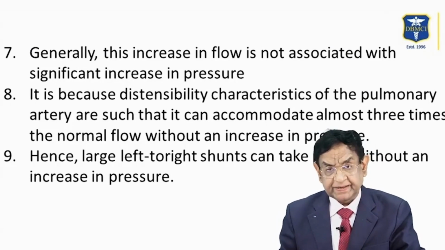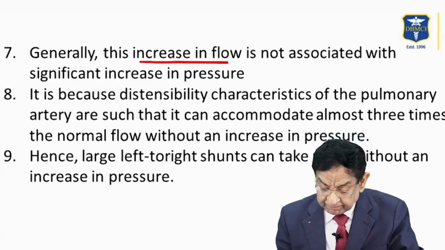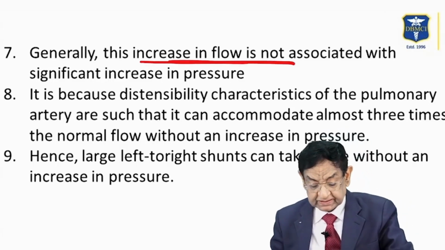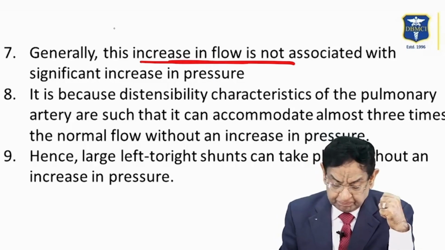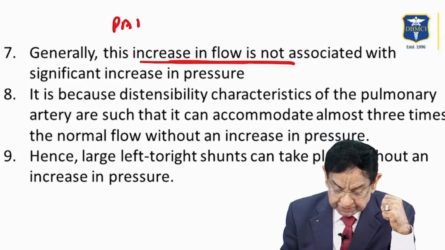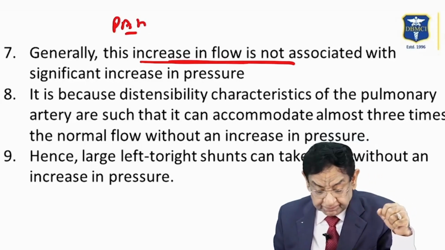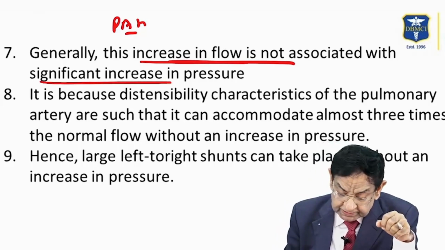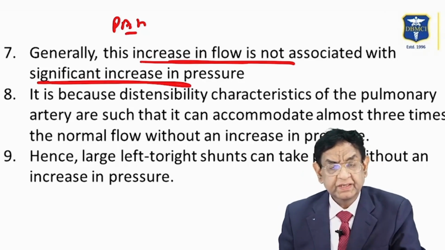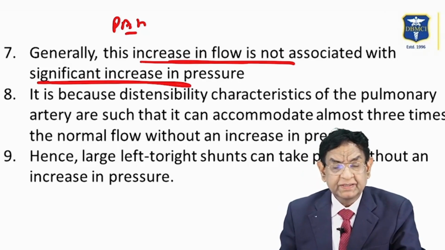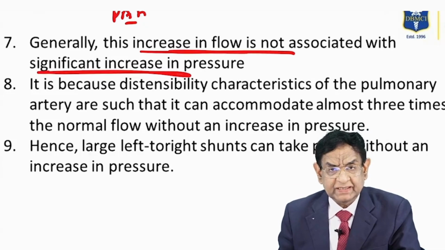So generally, when this increase in blood flow occurs, it leads to PAH. PAH is pulmonary arterial hypertension. But it doesn't increase suddenly. Why doesn't it occur so suddenly?